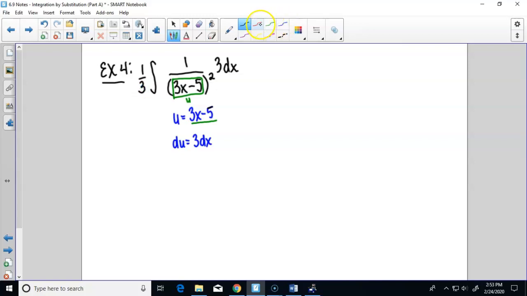And so this 3 dx can be replaced with du. Okay. So right now what I've got is 1/3 integral of 1 over u squared du.